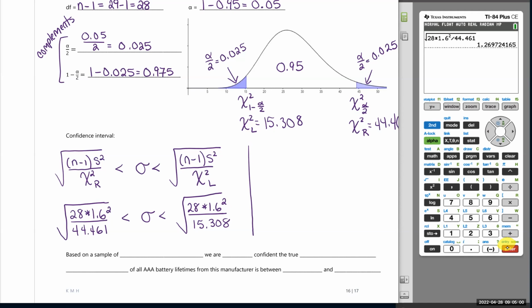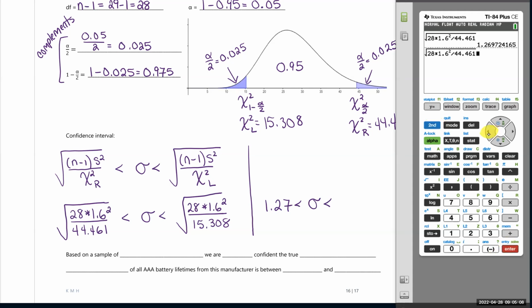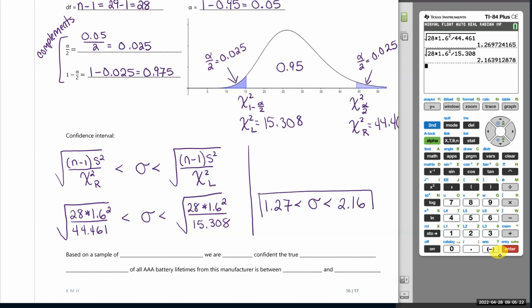So that's 1.27 less than sigma. And then our upper limit is 2.16. So there's only one form: lower limit less than parameter less than upper limit.